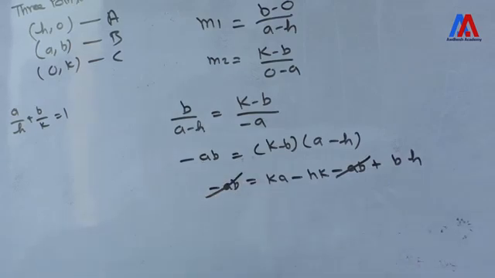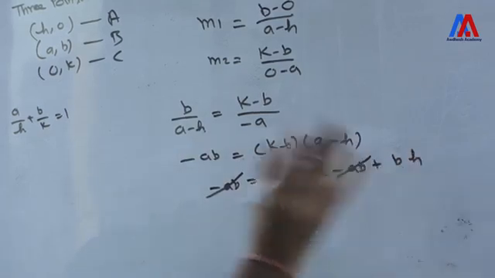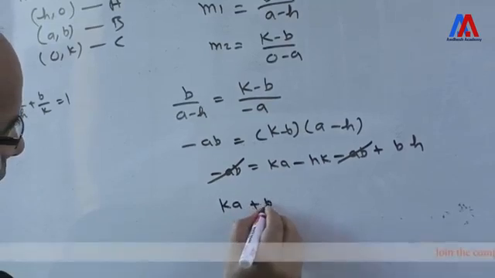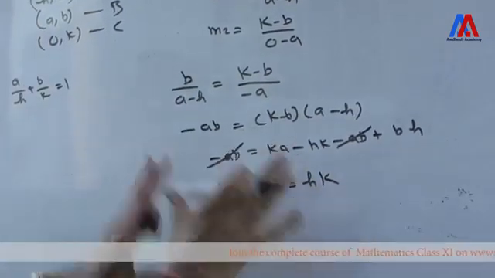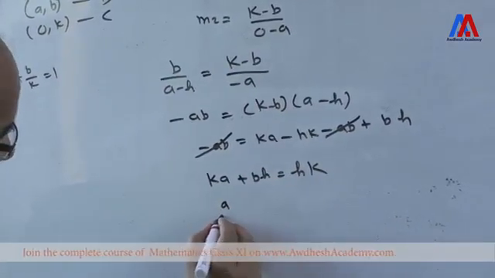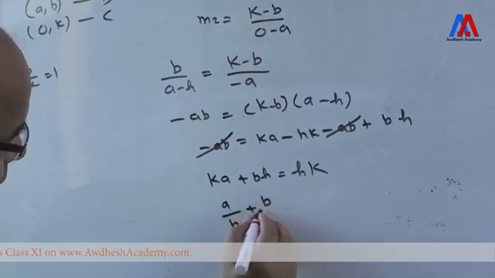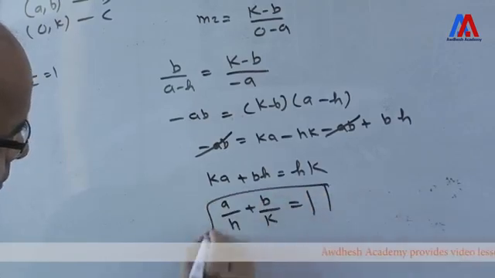Minus ab goes. So what we do is take the hk on this side and the rest on one side. So what we get is ka plus bh is equal to hk. Now divide this whole equation by hk. So what we get here is a divided by h plus b divided by k, that is equal to 1.